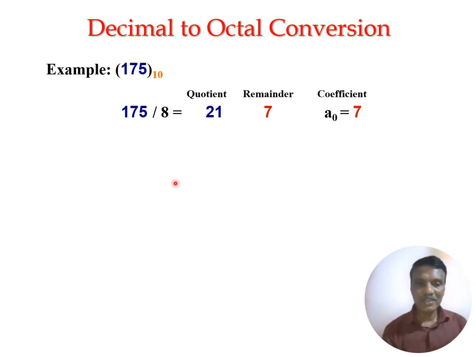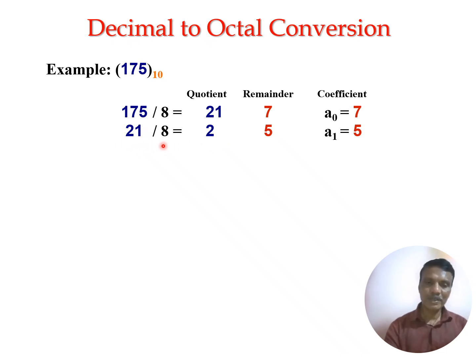So 175 divided by 8 gives quotient 21 and remainder 7. The remainder, take it as the first coefficient, and this quotient we again need to divide by the base. Here the base is 8 because it is octal conversion.